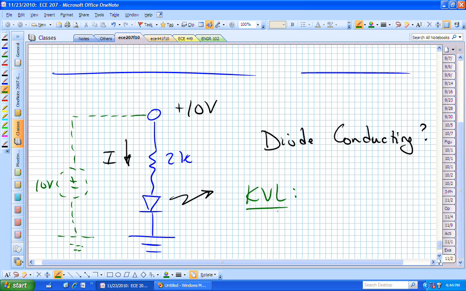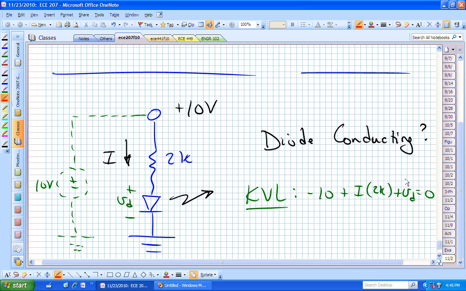Okay, KVL. This is now minus 10 plus I times 2K. If this was an ideal diode, what would we do next? That would just be plus VD equals 0, right? If it's positively biased, we need it to go from plus to minus, from the anode to the cathode.